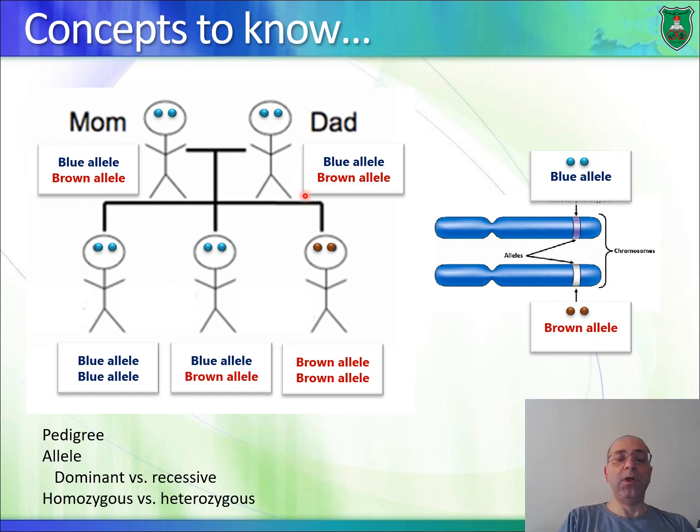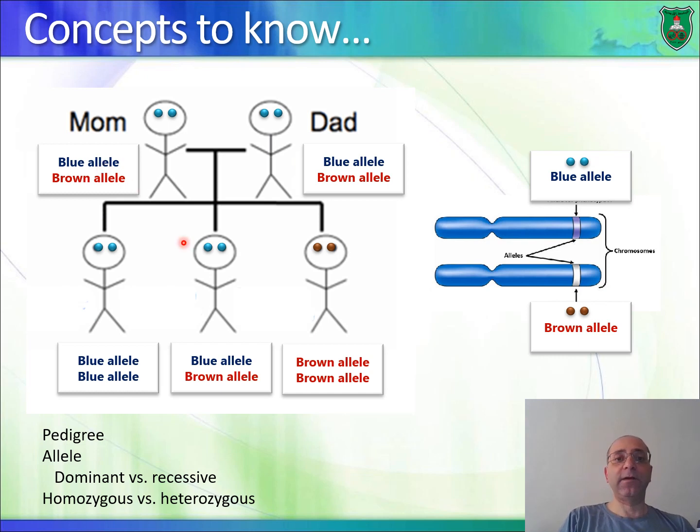Okay, so this means that both mom and dad are heterozygous. They are heterozygous, meaning that for the eye color gene, the two alleles are different. This person is heterozygous.